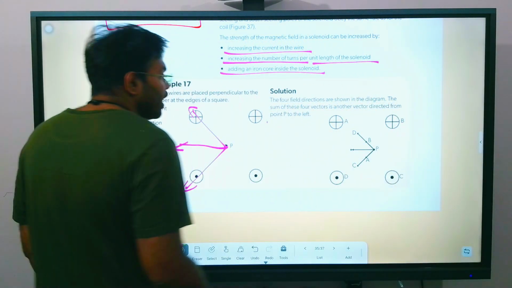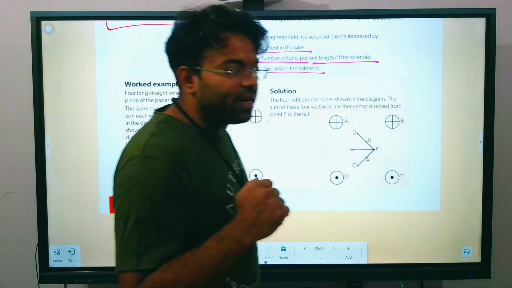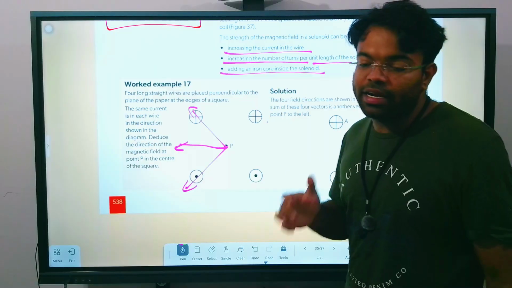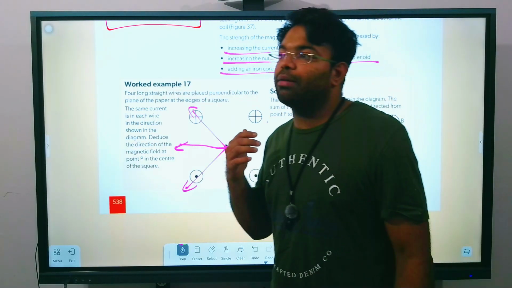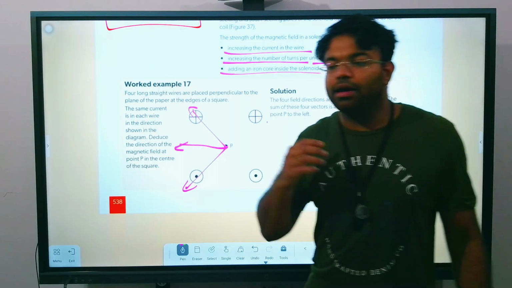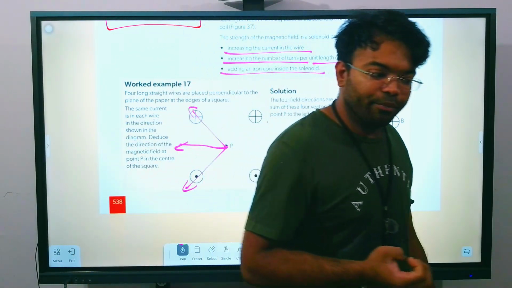See, we know that the current flowing in all the four wires is the same. That is something we know, right? So if the magnitude of current that is flowing in the wires is the same, then the magnetic field produced by them will also be the same magnitude.